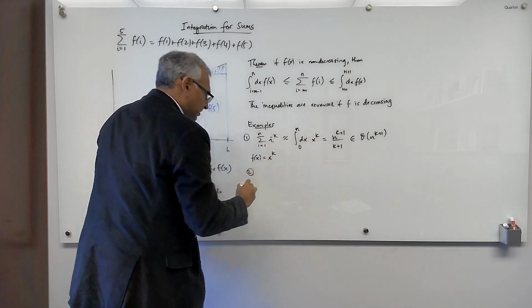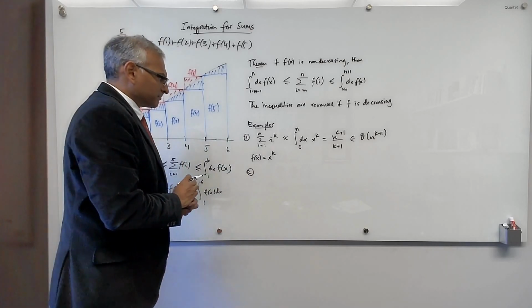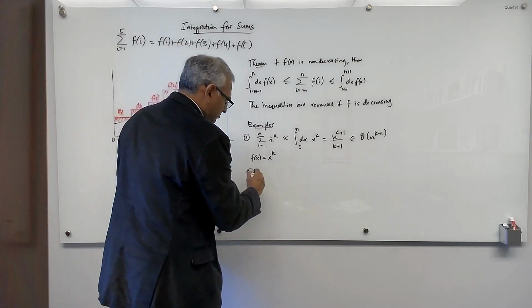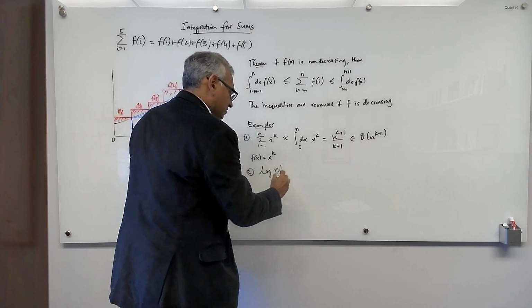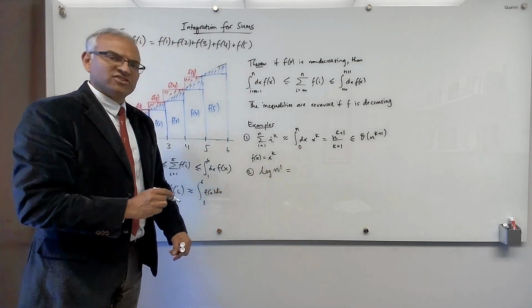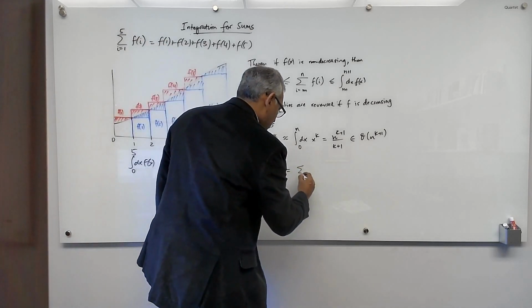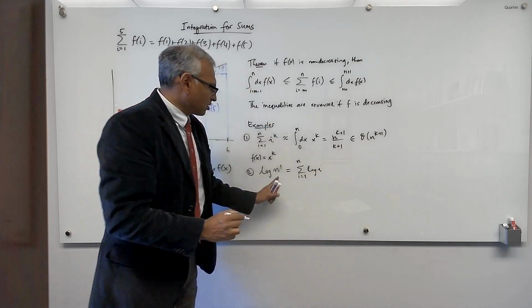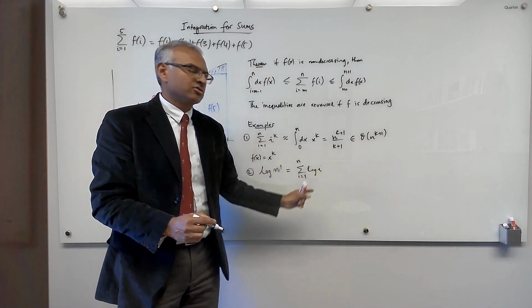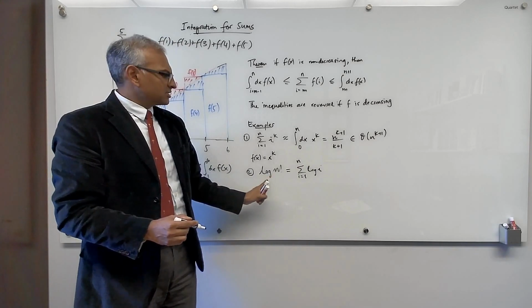Example 2. The factorial. Log of n factorial. Now this is a bit trickier. I have to first put it as a sum. This is the sum from i equals 1 to n of log i, because log of n factorial is log 1 plus log 2 plus log 3 up to log n, because the log of a product is the sum of the logs.